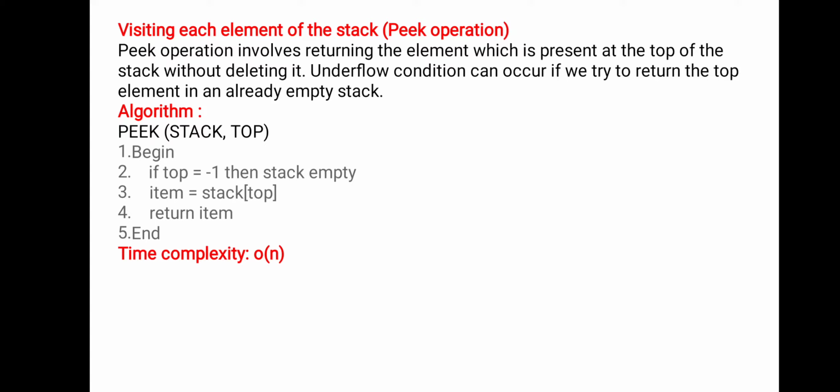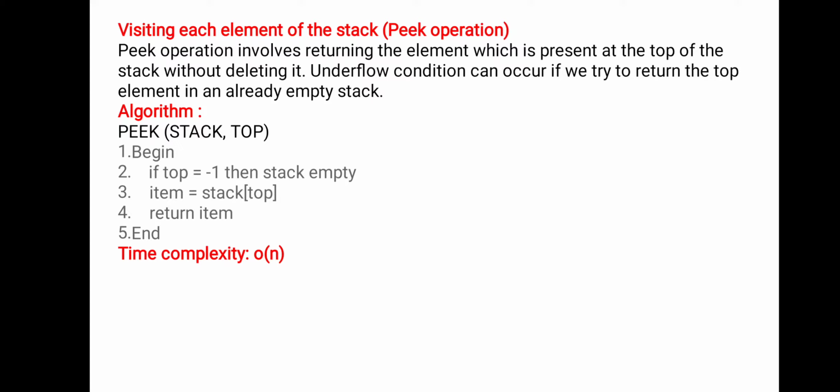See here, algorithm peek, stack comma top, begin. If top is equal to -1, top equal to -1 is the condition for representing an empty stack. Suppose it is true, then it simply prints stack is empty.